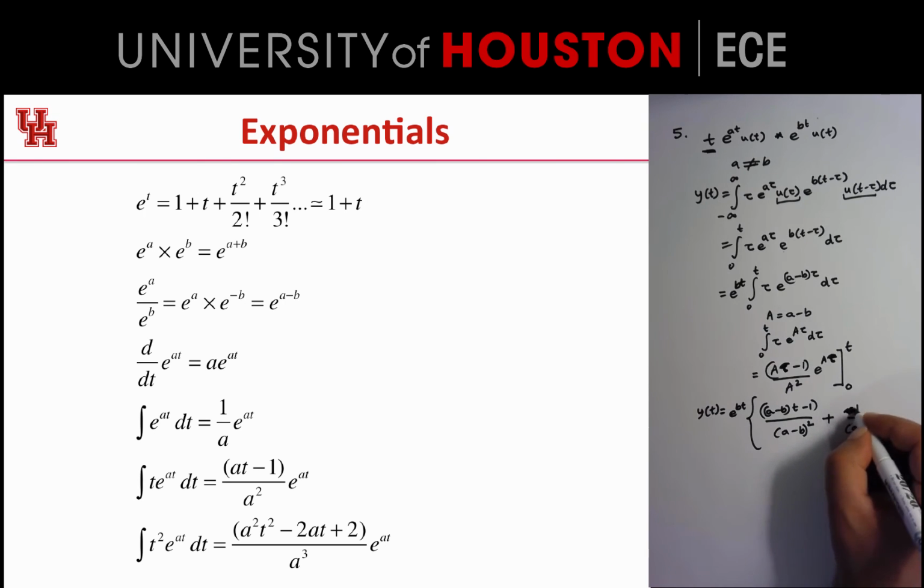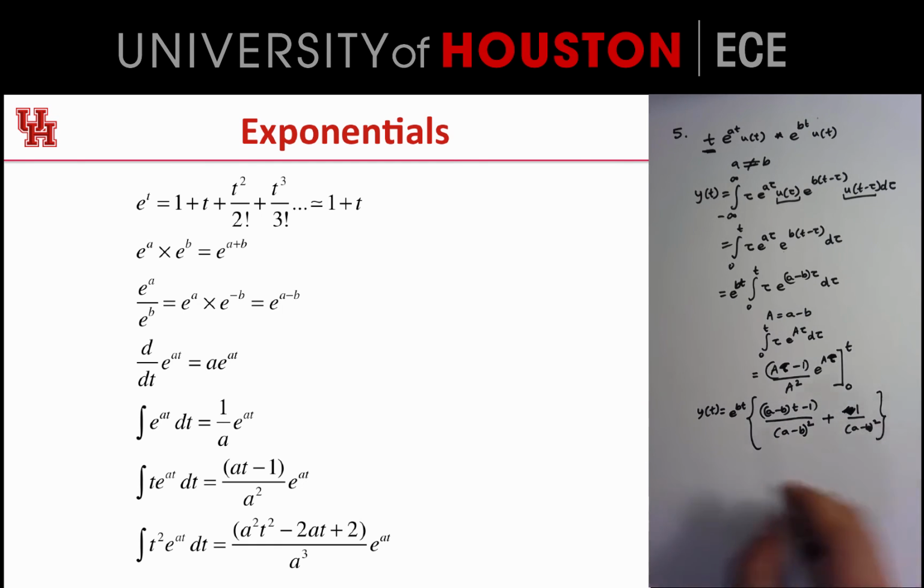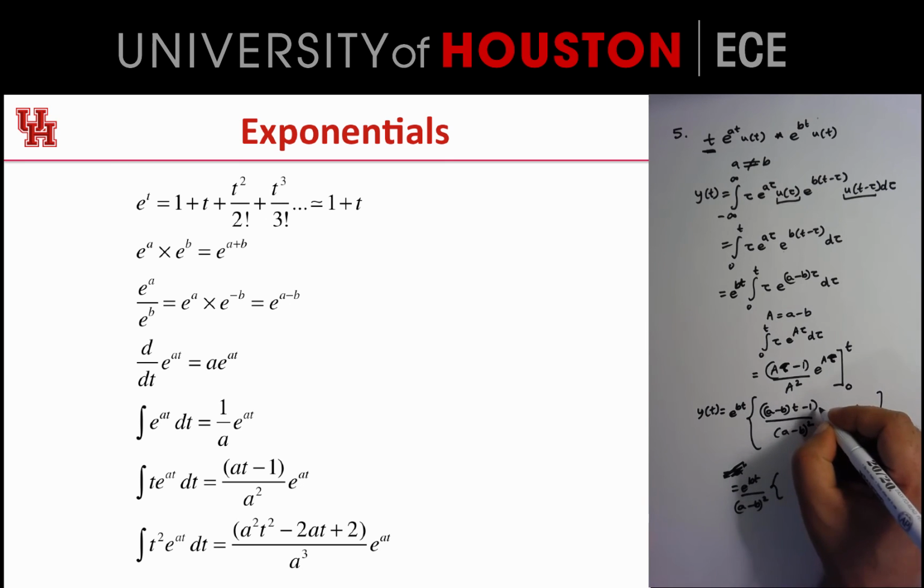And e to the a tau at 0 is just 1. So this is e to the bt divided by (a minus b) squared, times, what am I missing here?